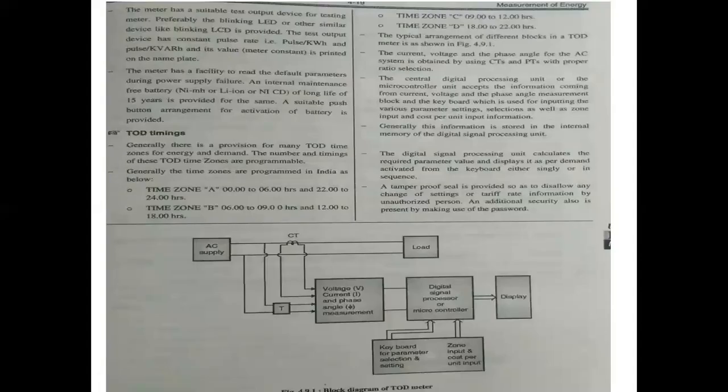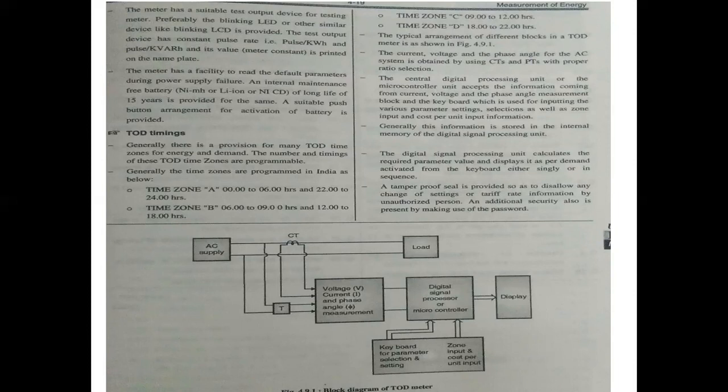Next, the meter has a suitable test output device for testing the meter. Preferably, a blinking LED or other similar device like a blinking LCD is provided for the test. The test output device has a constant pulse rate, that is pulses per kilowatt hour and pulses per kVArh, and its value, the meter constant, is printed on the nameplate.